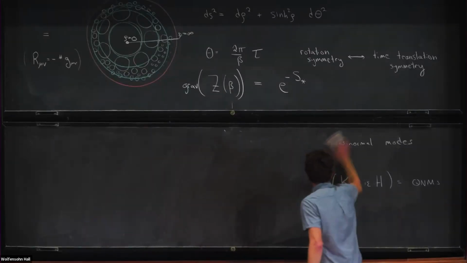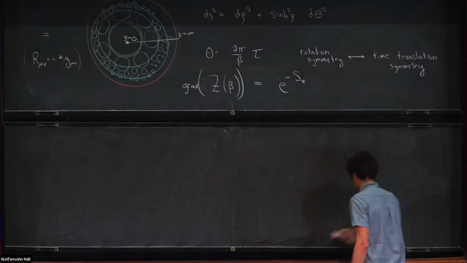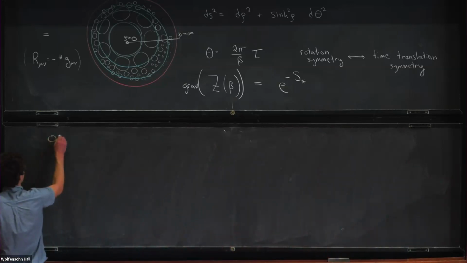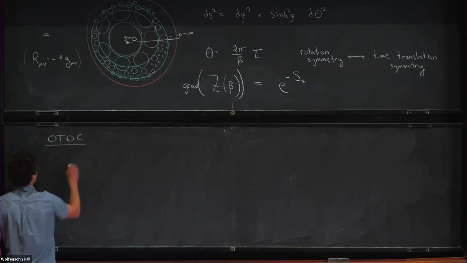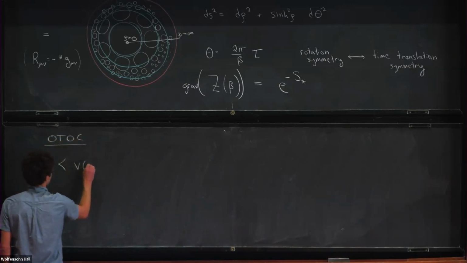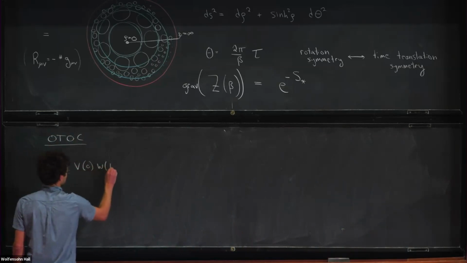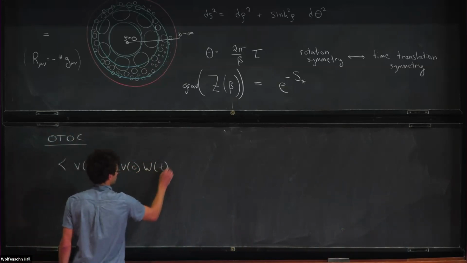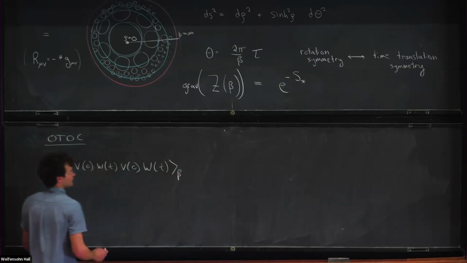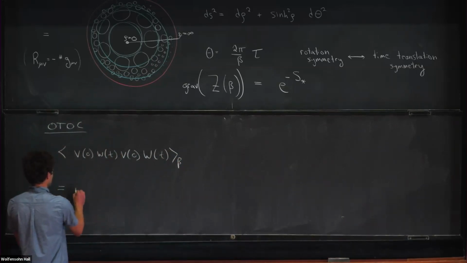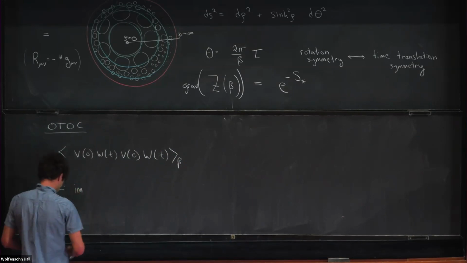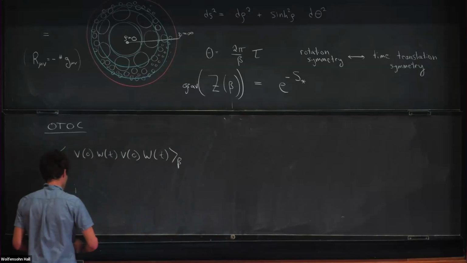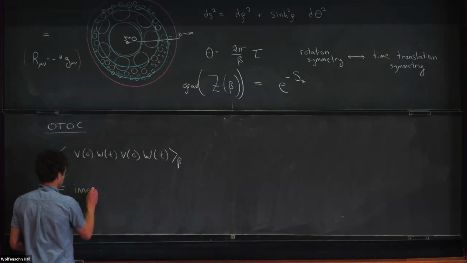Okay, so the 4-point function we're going to consider is this out-of-time-order correlator: V(0) W(t) V(0) W(t), thermal expectation value. We can think of this thing as an inner product.